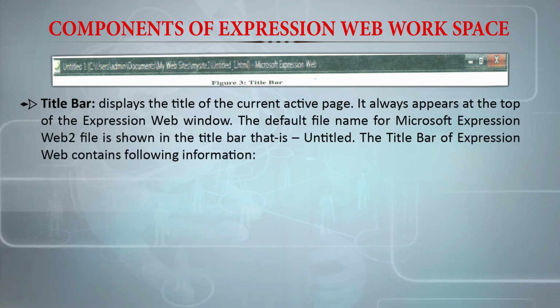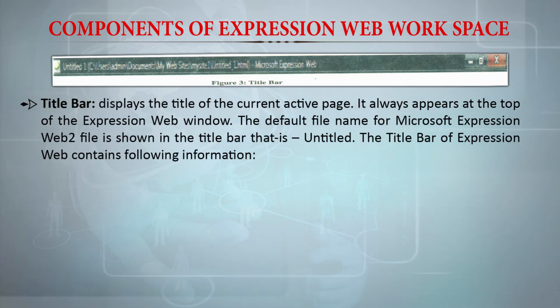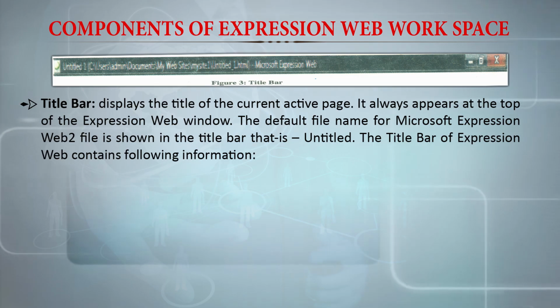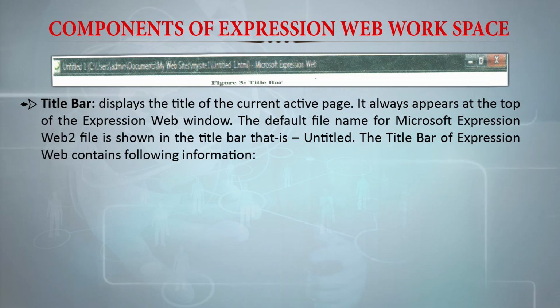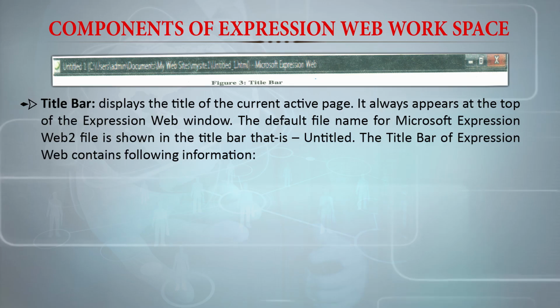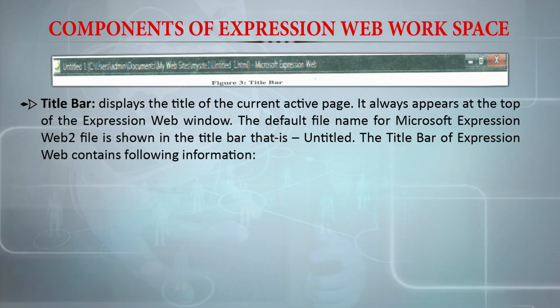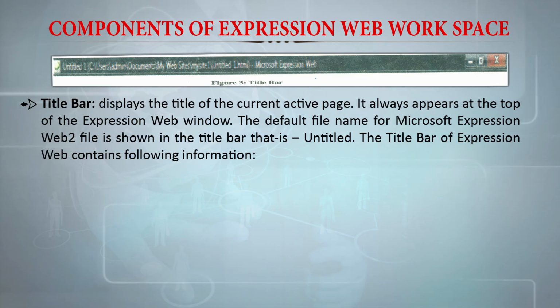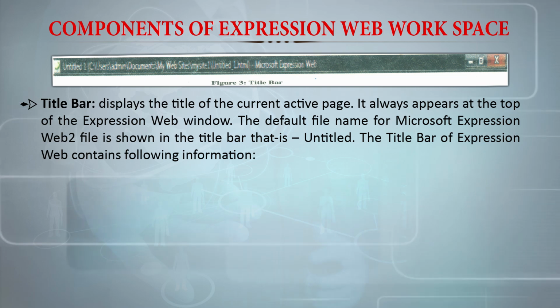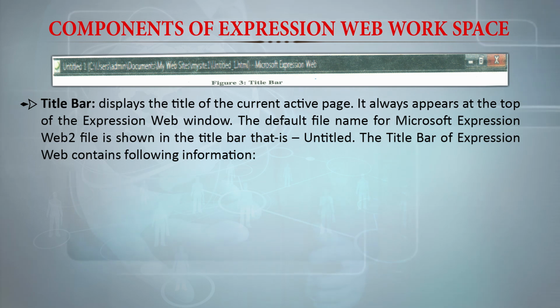So, if you have a look at the figure, you will find the title bar. It displays the title of the current active page. It always appears at the top of the Expression Web window. The default file name for Expression Web is the file shown in the title bar, and it is normally untitled, and this is the case with any software. If you open a file and you just start working on it without giving any title, normally the title of such a file is untitled.